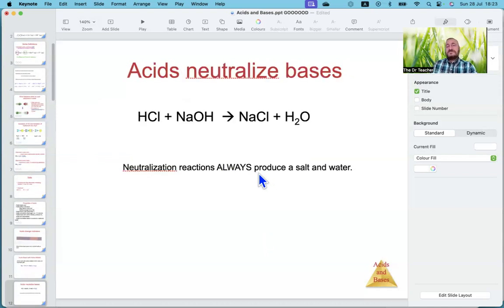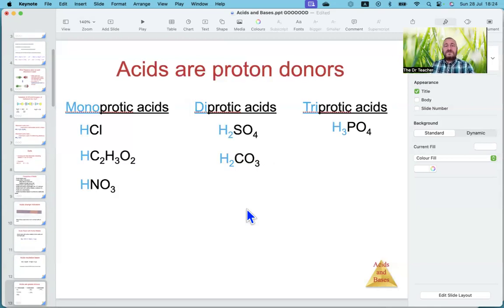Acids neutralize bases. Why? HCl with NaOH will give you the salt and water. So neutralization reactions always produce a salt and water. Now acids are proton donors, like monoprotic acids, diprotic, triprotic.